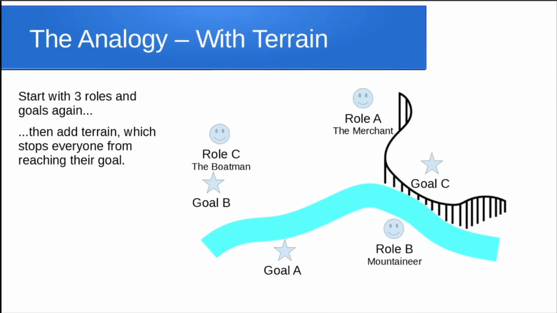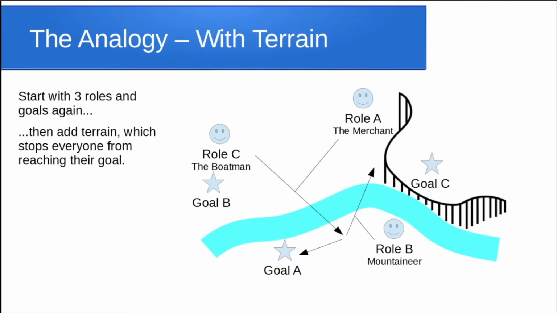The boatman can cross the river, the mountaineer can cross the cliffs. But all of their goals are currently obscured from them. The boatman can't get to the boatman's goal because there's a cliff in the way. So now we've got a bit of a game. Now we're thinking, okay, well, the boatman will make a deal with a merchant maybe to say, well, I'll take you across the river. In exchange, give me some climbing equipment.